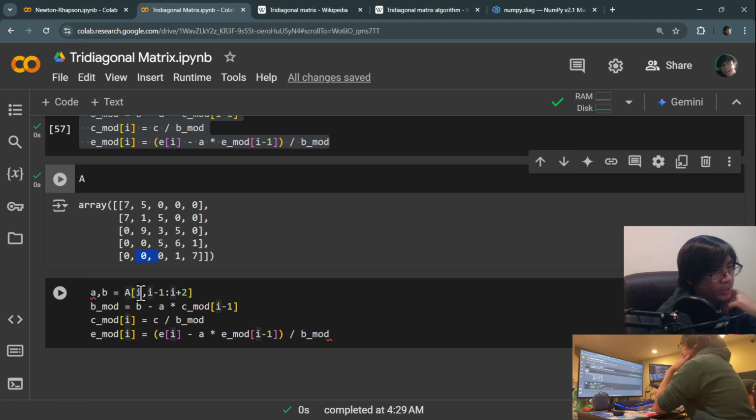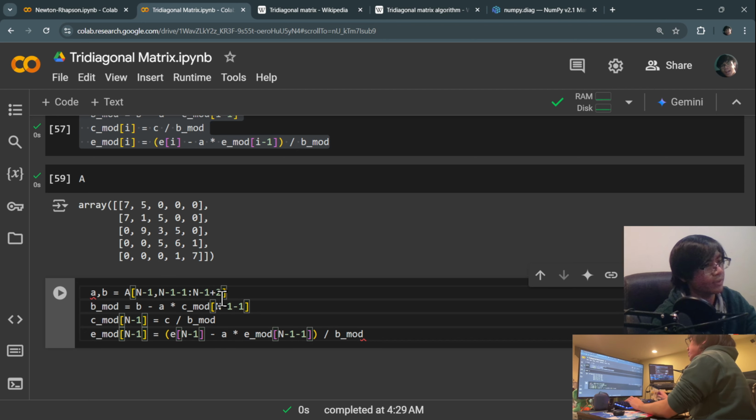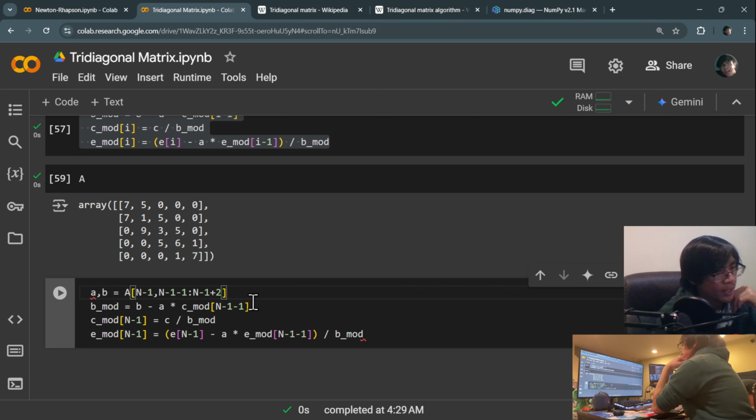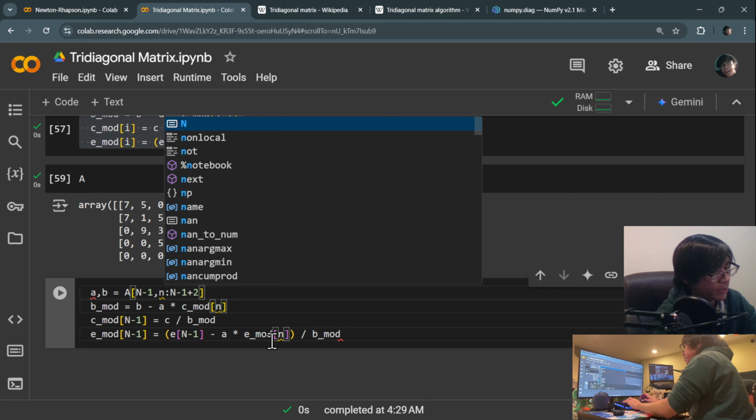I think I can get away with doing, by multi-cursor, changing all the I's to n minus 1. And then this indexing gets simplified to n minus 2. We have 3 instances, so n minus 2 for all of those.